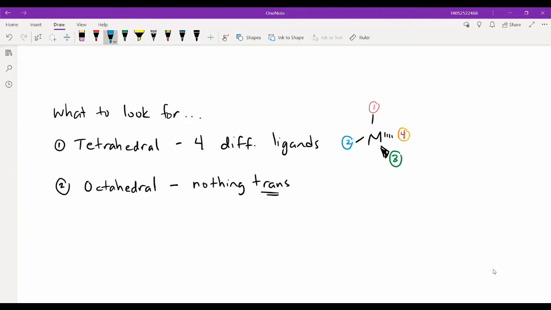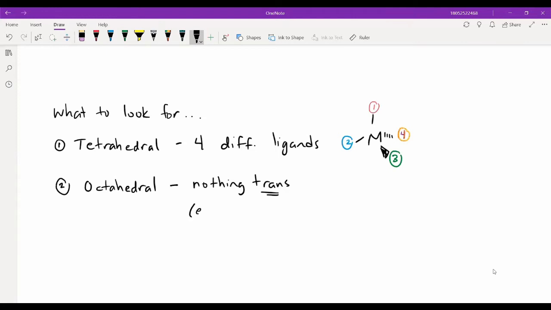Octahedral is a more common geometry, and there's not a great specific thing to look for. I would say the best rule is that nothing can be trans. If you have any kind of ligand that's opposite of the same one, and I'll show you this in the next example, that will not have this property.